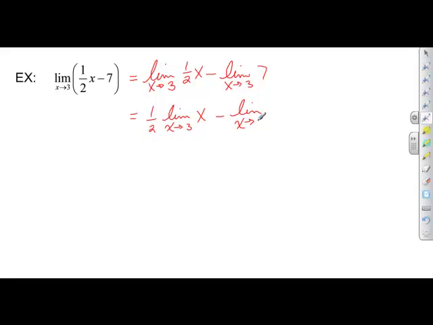Notice, after that first step I could go ahead and evaluate the limit as x approaches 3 of 7, but I want to wait and do all my limit evaluations at once. And notice that I also write down the limit as x approaches 3 in each step. That's important. You've got to write that limit notation until you actually work the limit, which we're going to do now.